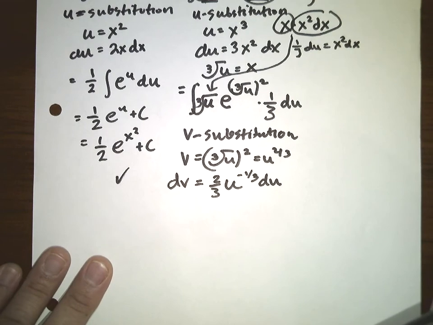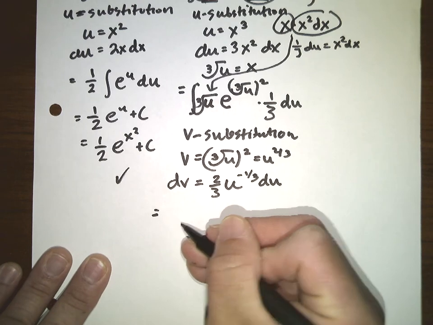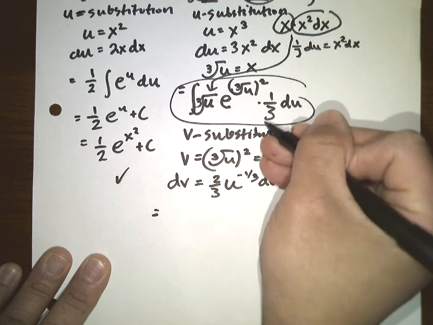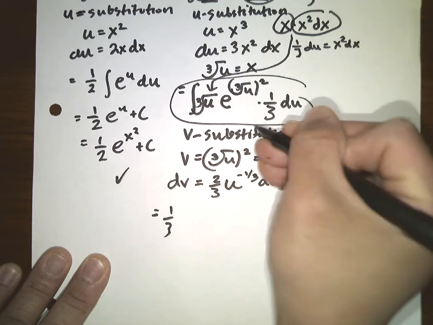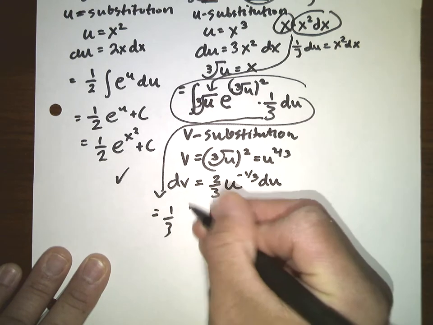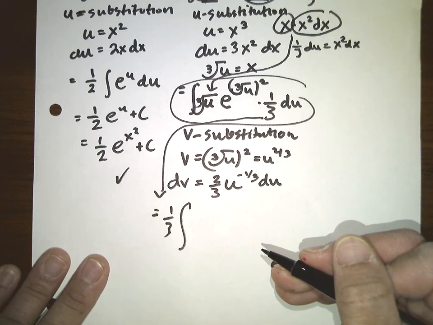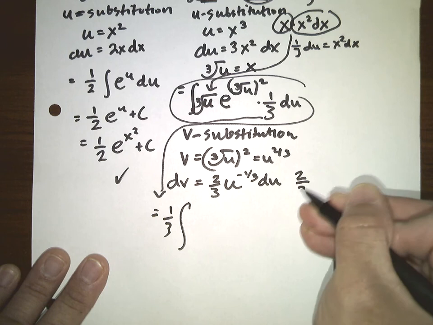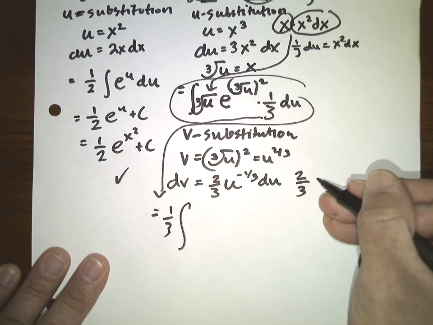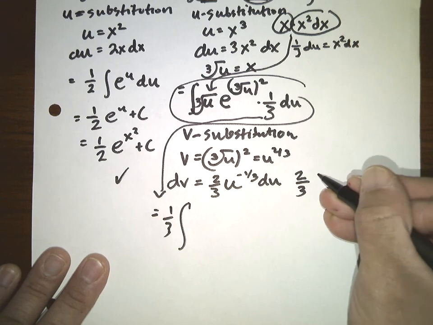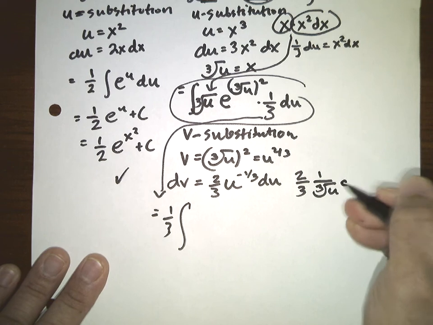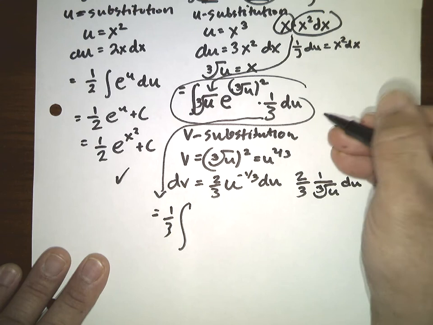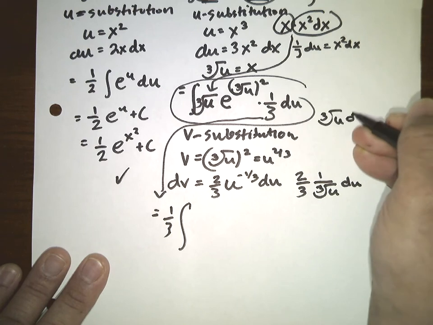All right. So now if I go ahead and I convert this integral to v's, I'm going to bring out the third, this third, so I don't forget about it. Then I have integral of, now remember this is a 2/3, and I have u to the negative 1/3, so it's 1 over cube root of u du. But this actually was cube root of u du.